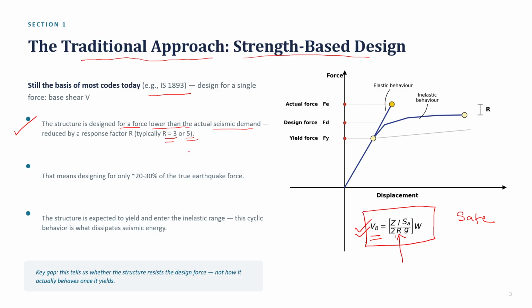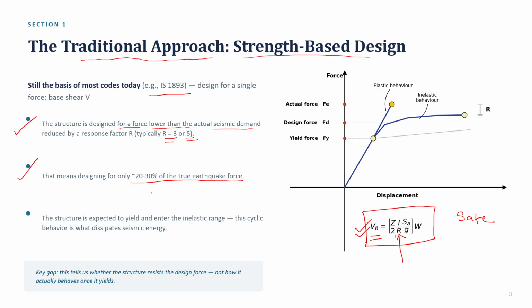Here we are dividing by 3 or 5 for OMRF or SMRF building. That means we are reducing the force, and we are designing for only 20 to 30% of the true earthquake force. So this is not the actual force, this is the reduced force. Actual force is something else, and we are designing just for 20 to 30% of the true earthquake force.